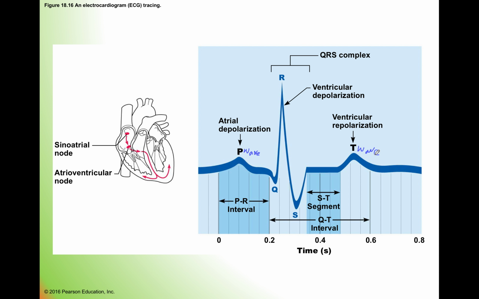To make sense of this, let's write a couple of key points you need to know. If you look at your heart, the atria, the top chambers of the heart, must contract first. Their goal is to fill the ventricles with blood.